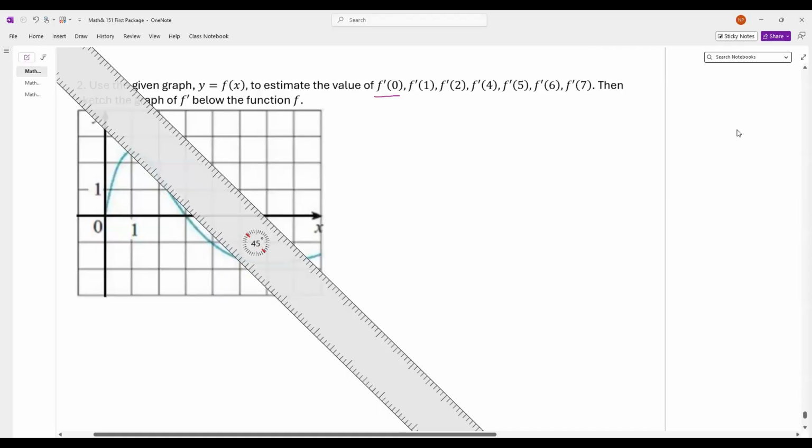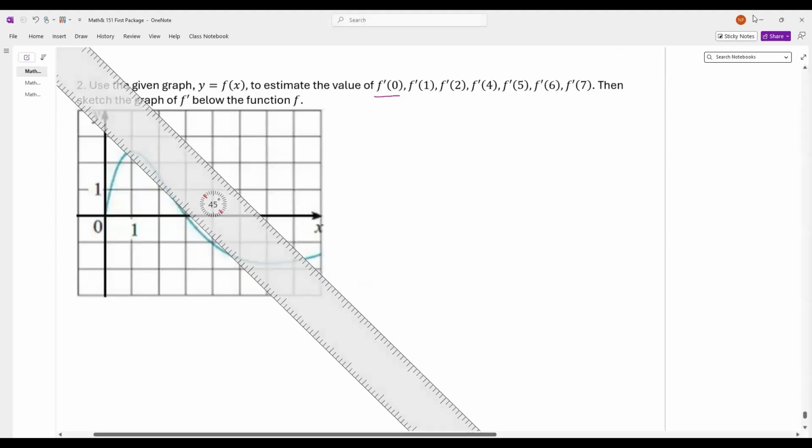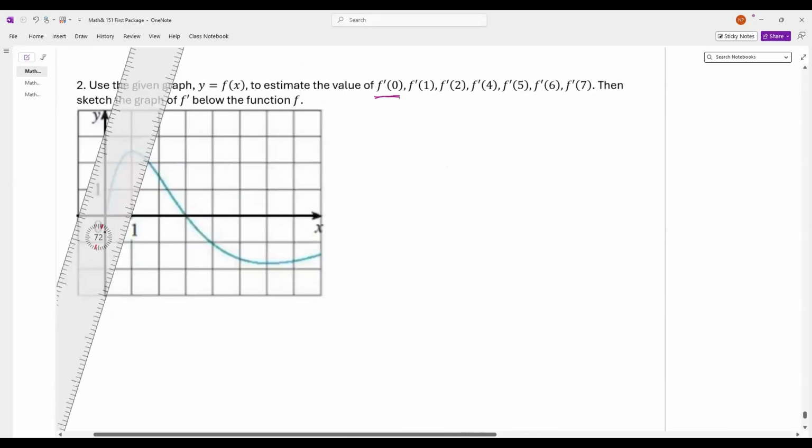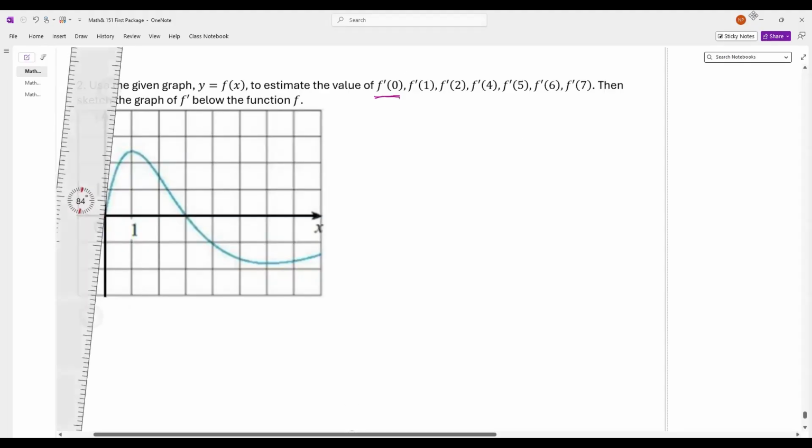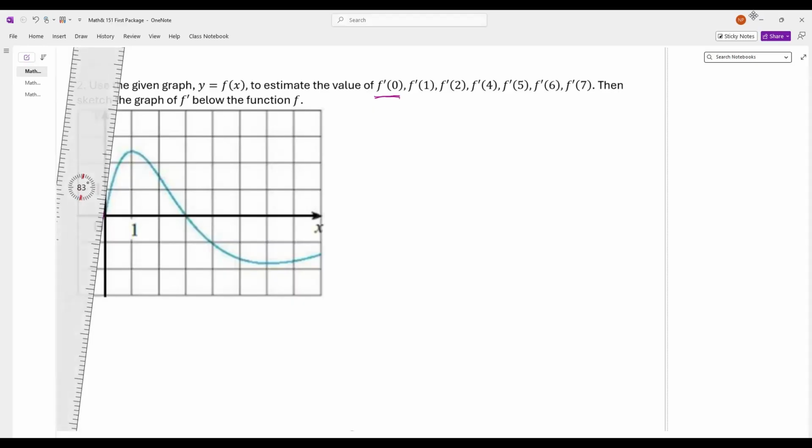Now, let's look at f prime of 0. What I need to do is, at x equals 0, move my ruler and just touch the point. Then we draw a straight line.